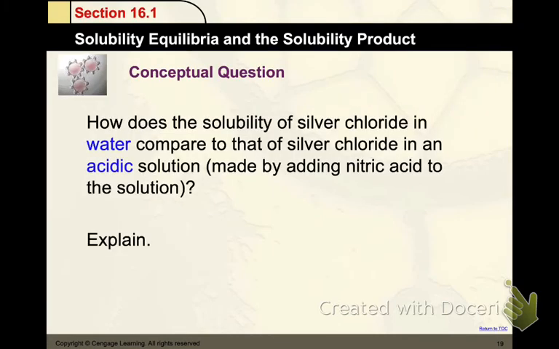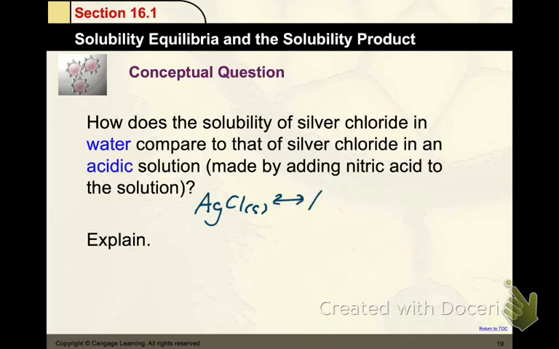So looking at some of this conceptually, you can ask how any equilibrium changes if you make it more acidic. How would silver chloride solubility in water compare with that in an acidic solution? Just look at your solubility expression again.